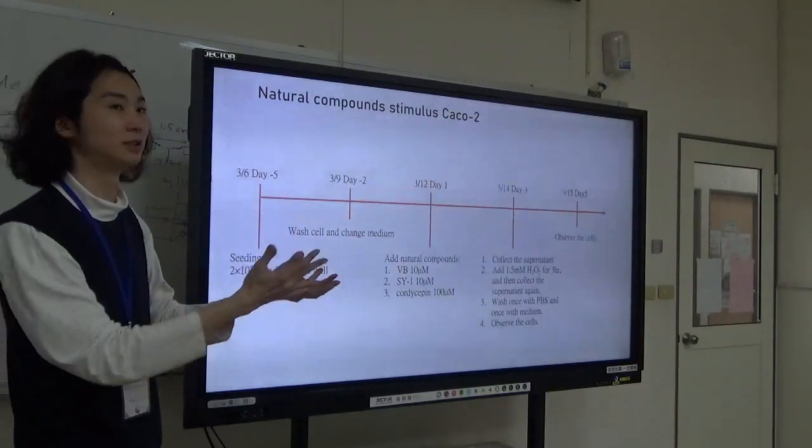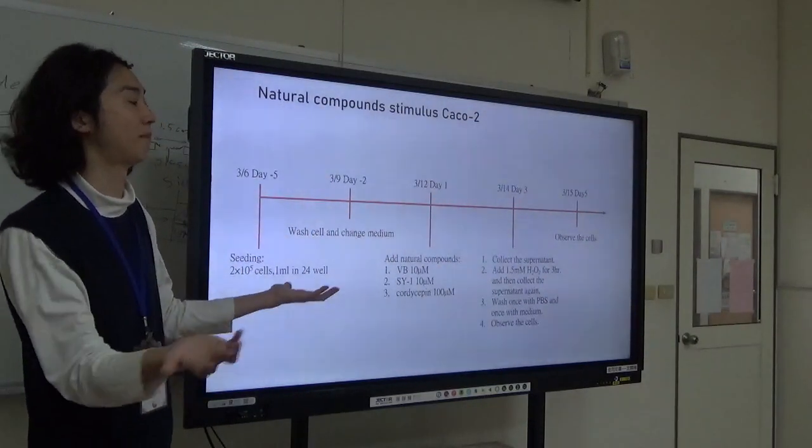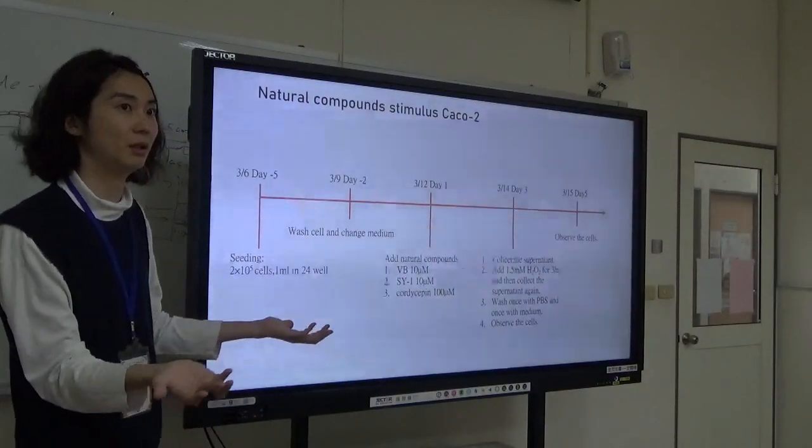But Kakotsu cells cannot make this by their own ability.